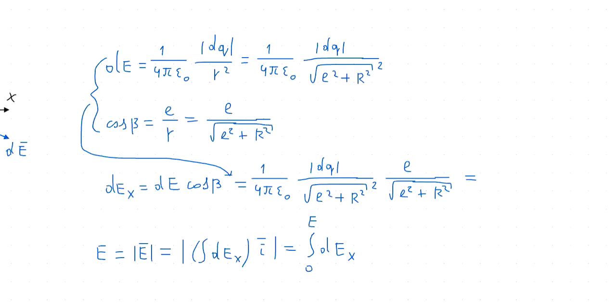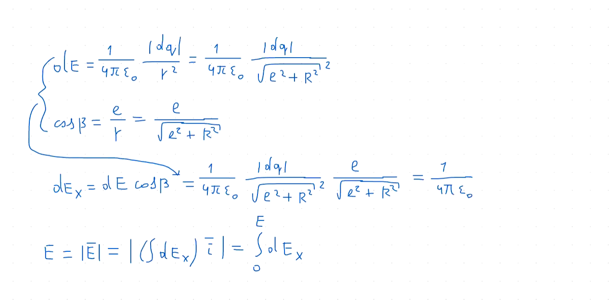So it will be 1 divided by 4 pi epsilon 0, L, absolute value of dq, divided by the square root of L to the power of 2 plus R to the power of 2, to the power of 3.